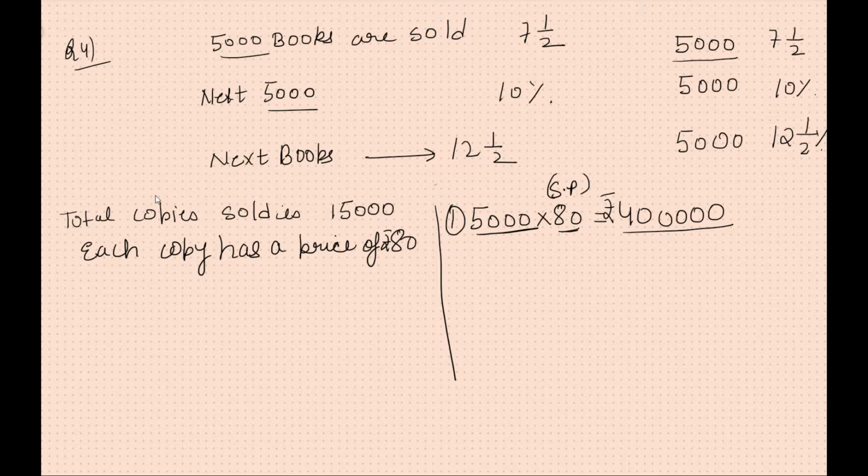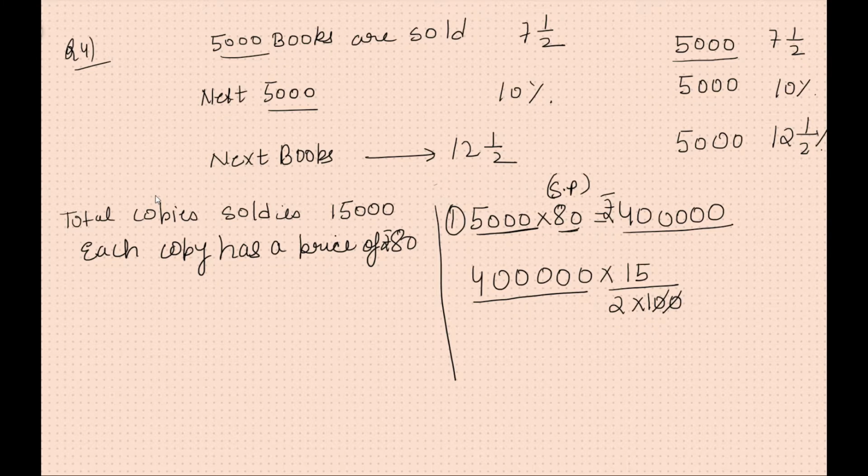So we are going to find the 7.5% of this 4 lakh rupees. So 4 lakh into 7.5 upon 100. 7.5 is 15 upon 2, and we divide this by 100.